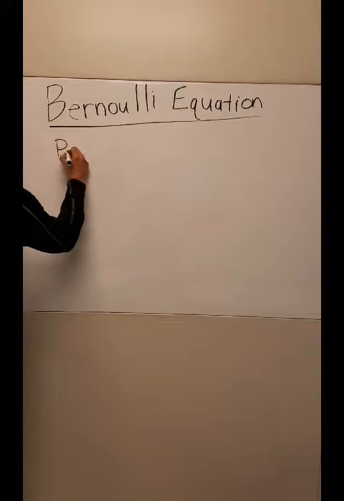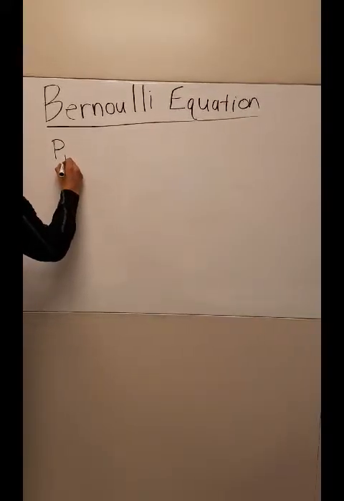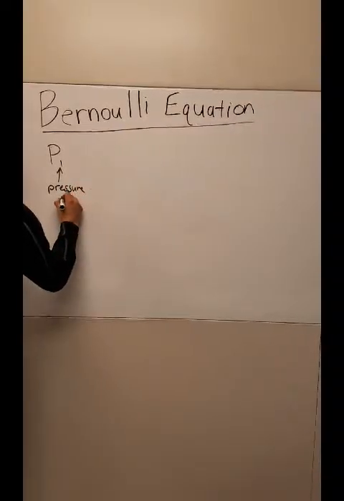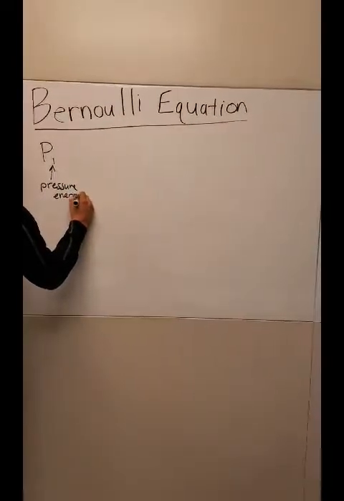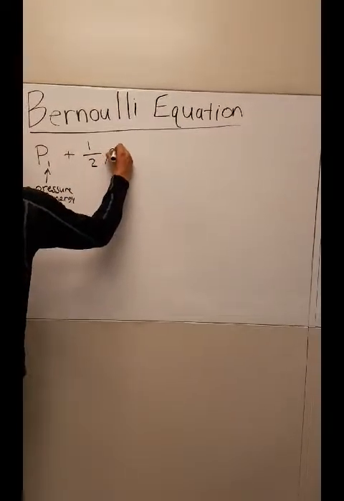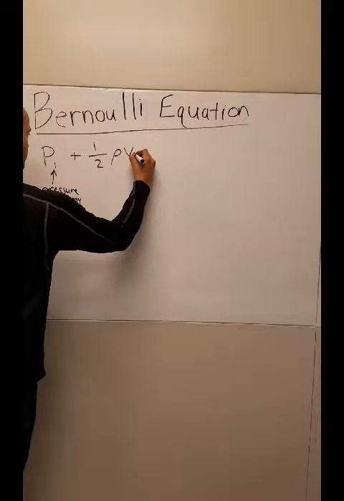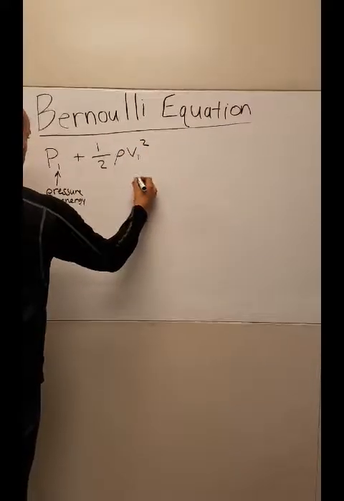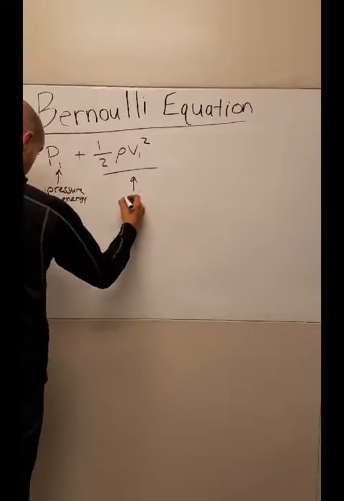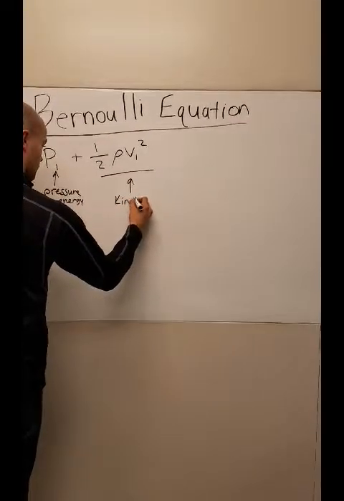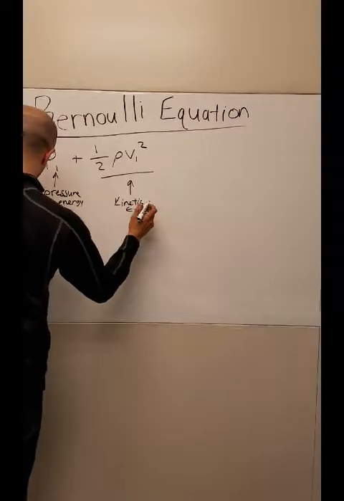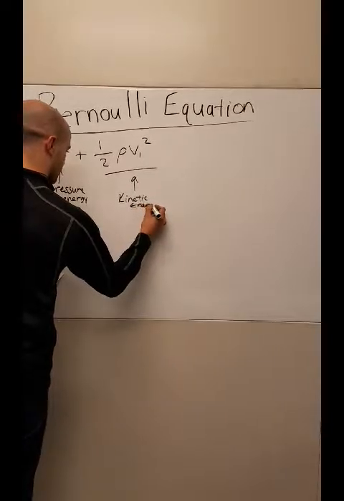This is depicted with the formula P1, which here represents your pressure energy, plus 1/2 rho V1 squared, which represents the kinetic energy per unit volume.